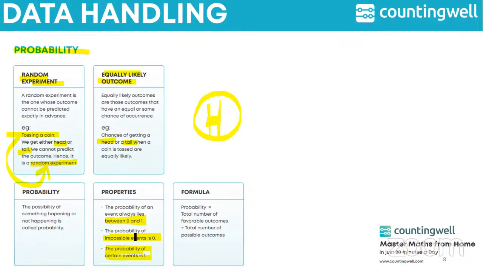Whereas the impossible event is getting a T on the circular disc, because I don't have T on either side of the disc. I have H on both sides of the disc. So in this case, the probability of getting T is 0.